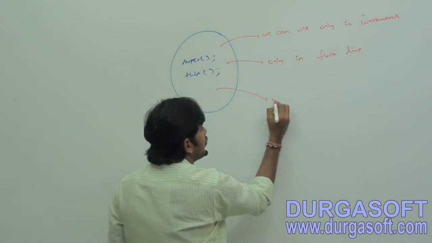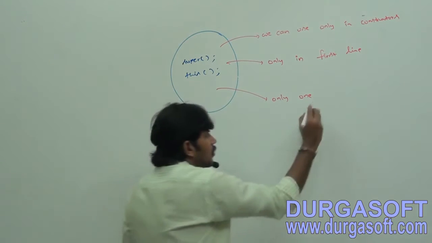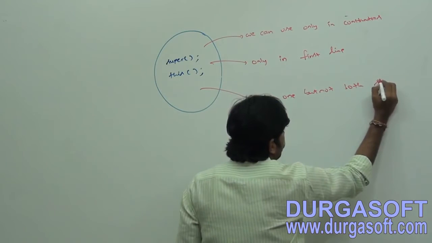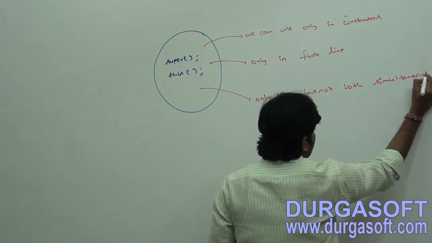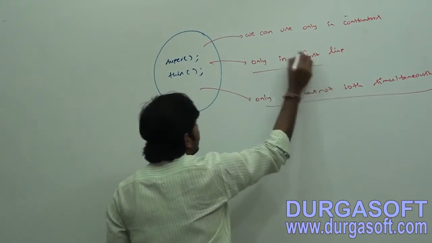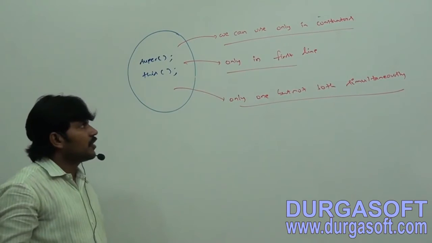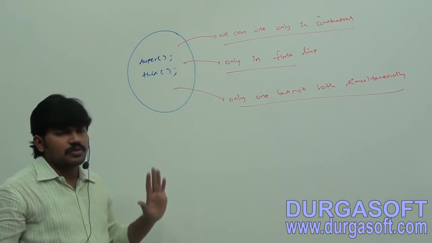Next, the third one: only one, but not both simultaneously. Are you getting it? In a single line, super or this: we can use only in constructors, only in the first line, only one, but not both simultaneously.